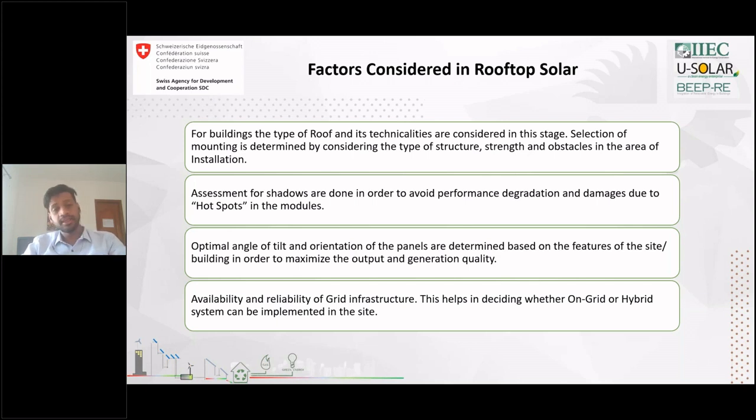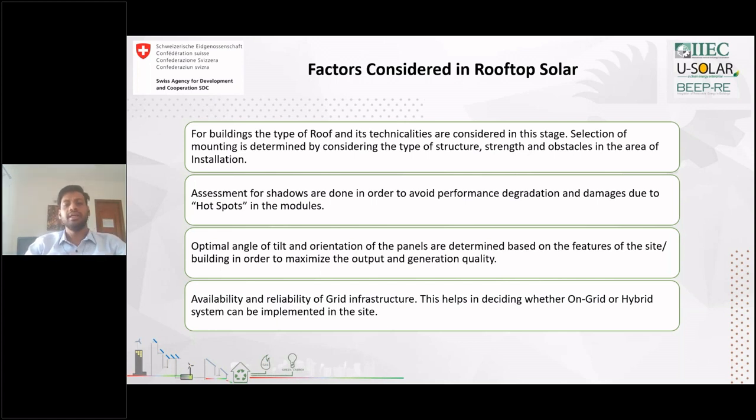The next aspect will be the shadow analysis of the plant. We use mostly SketchUp and other design tools to assess the shadow free region. The next one is how you freeze the optimum tilt angle and orientation for a panel.